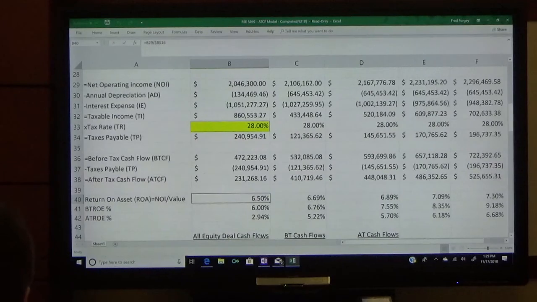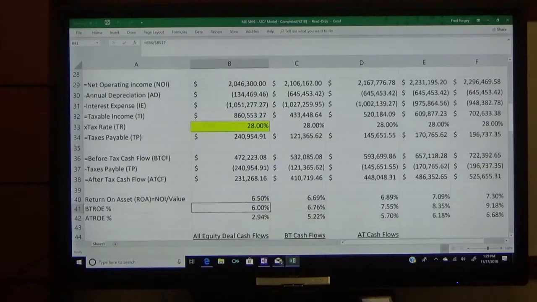Okay, we're calling it here return on asset, just the same thing, but in a different term. Now as you move across the page, what you're going to see is as your net operating income goes up, that return on asset is also going up. Okay, so just kind of pointing that out.